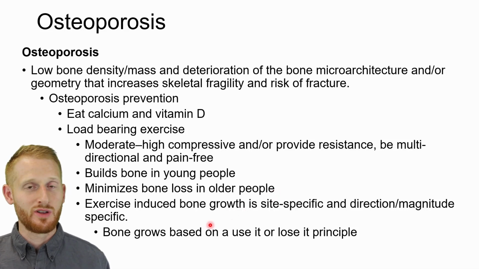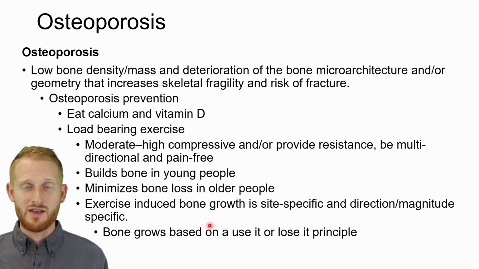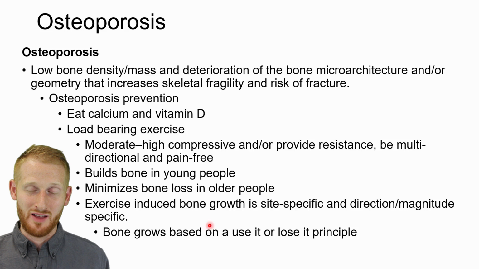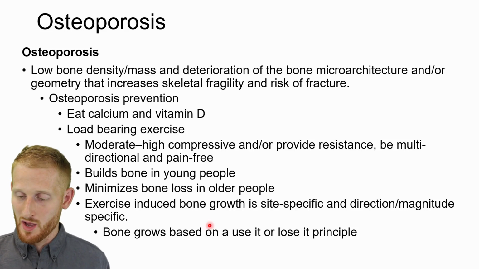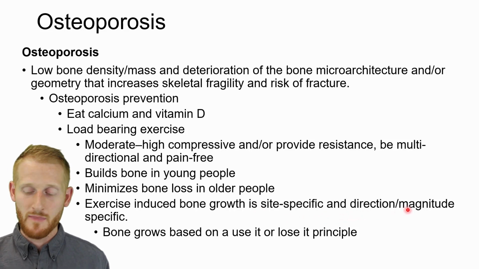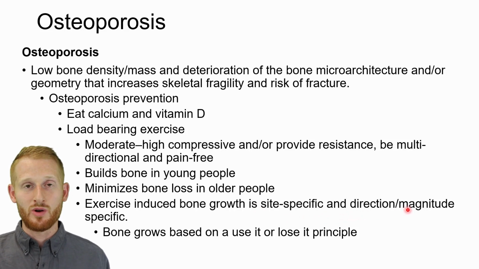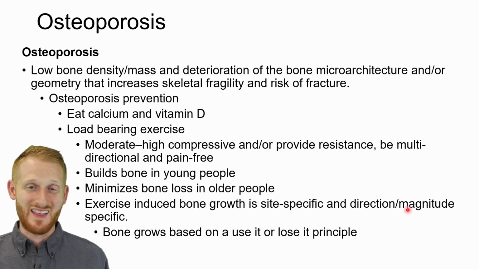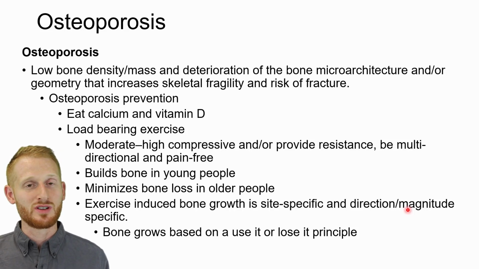Your bones are only going to grow when you stress them, and they're also only going to grow in response to the specific stresses you put on them. In other words, it's going to be site-specific, direction-specific, and magnitude-specific. If you only load your bone in a single direction, in a single way, and that's all you ever do, it's going to get really good at resisting that.